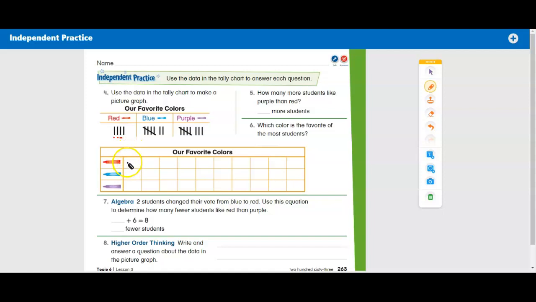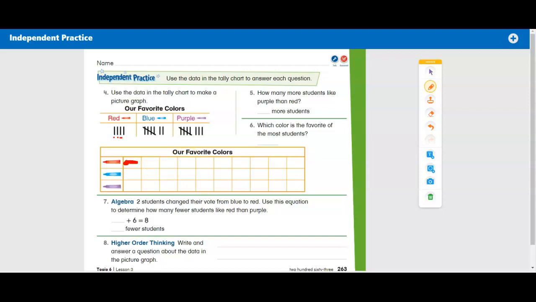So that means I am going to draw 4 crayons in the red category. And they don't have to be perfect. So I would draw 4 red crayons.